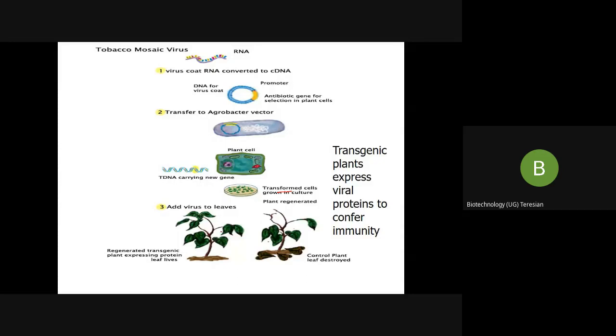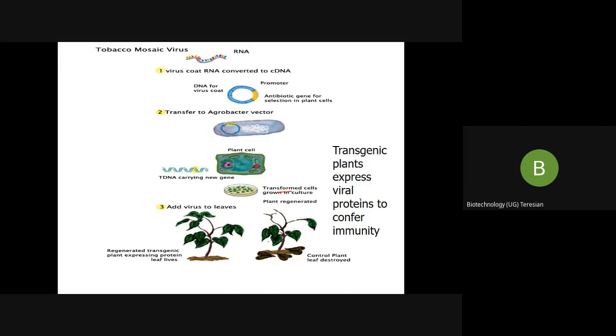So once the plants have been developed, what you can do is you can test the regenerated transgenic plant expressing the protein in the leaf. Okay, here what they do is they add the virus to the leaves. Only those plants will survive which are carrying the gene for the coat protein, whereas the other plants will die. That is the function of this coat protein.